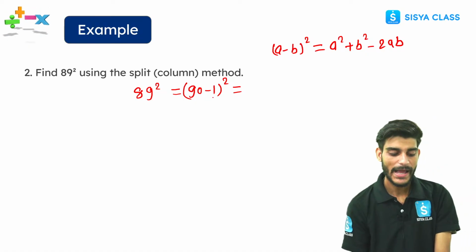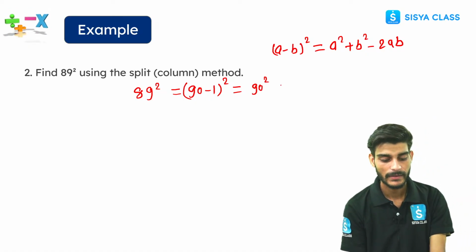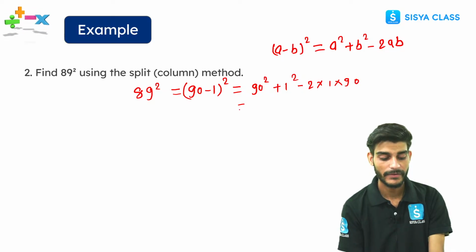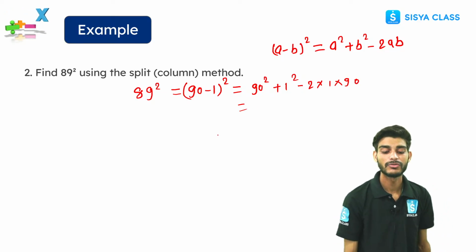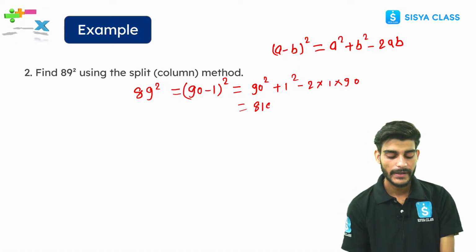Okay, so if I apply here, 90 minus 1 whole square is 90 square plus 1 square minus 2 into 1 into 90. Just solve it simply. So 90 square is 8100.